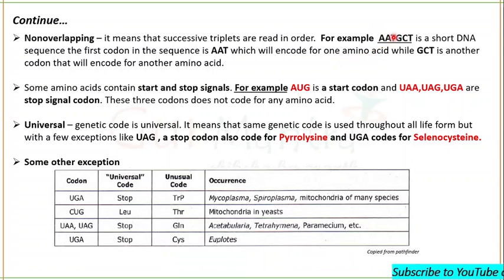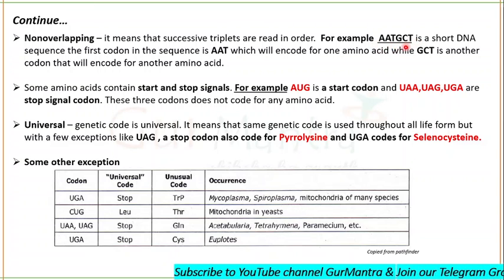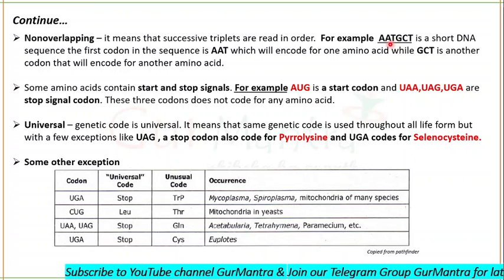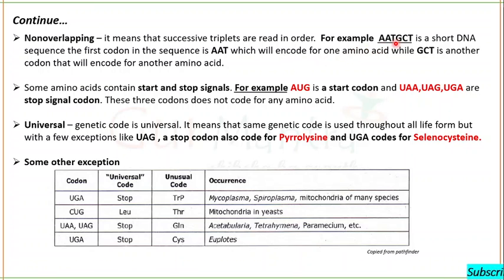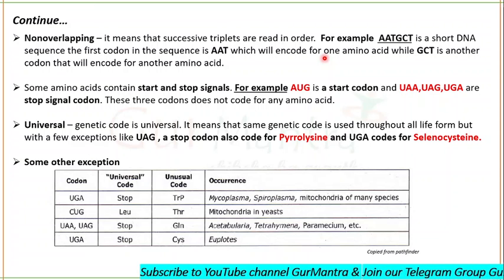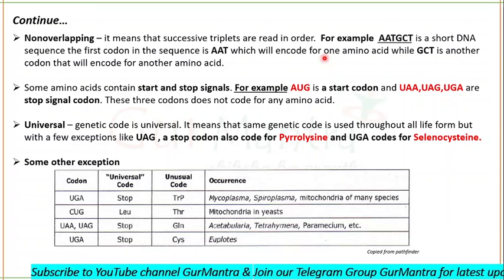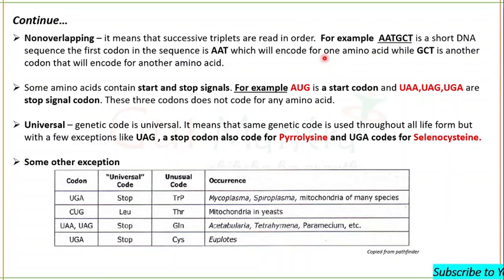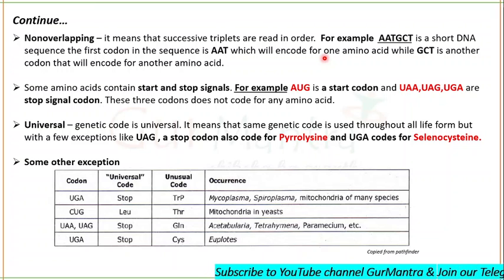GCT will be encoding for another amino acid. So it's non-overlapping. This is what we call non-overlapping. Similarly, if it is having UGC, UUU, then UGC will be encoding for a different amino acid, UUU will be encoding for a different amino acid.